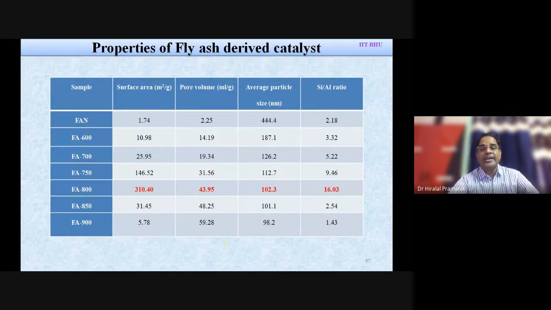When we compare, it is seen that Fa fine 800, Fa 800, gives the highest silica alumina ratio, because the pores are opened up at 800 degrees Celsius, and you get the highest surface area, 310.4. At 800, 850 and 900 degrees Celsius, surface area becomes very low, because pores are collapsing, right?